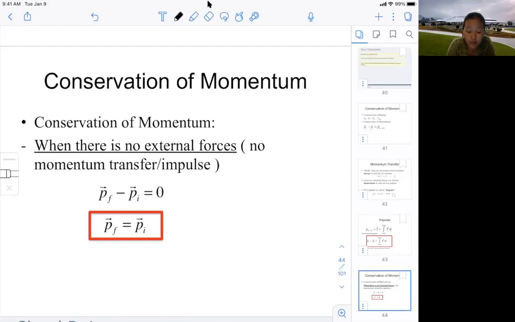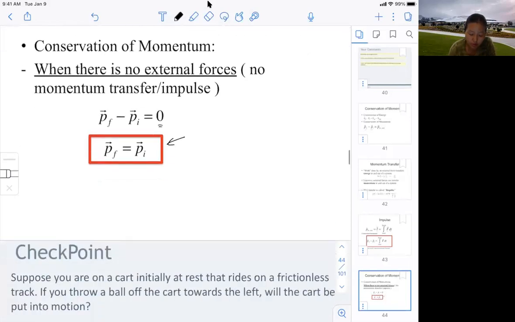So for 90% of the problems we solve, the momentum final is equal to the momentum initial, because there is no momentum transfer, right? The right-hand side is zero. So we simply start with this equation right away: P final equals P initial.